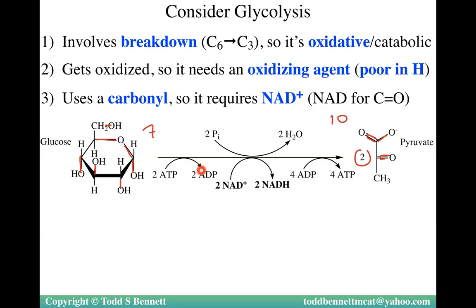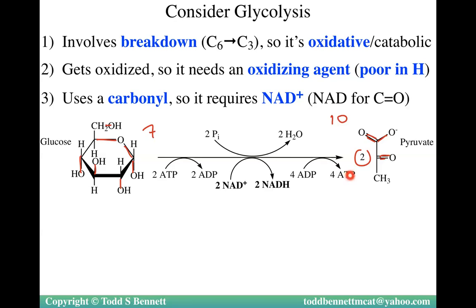The ATP, ADP going in to invest to get the reaction to go, but you spit 4 out. So you have to put 2 in to break this down, but you get 2 ATP regenerated per pyruvate. At 2 pyruvates, you get 4. So if you've done biochem, you know you have to count how many extra ATP you have coming out. So overall, this is generating 2 ATP, which means it's generating energy.